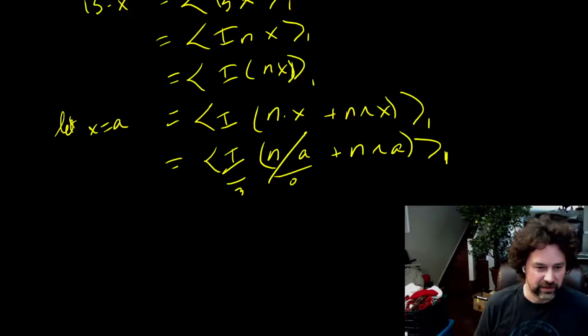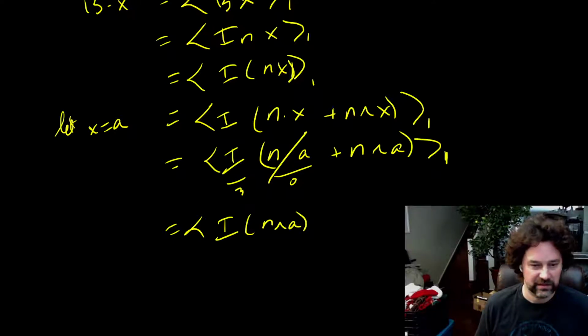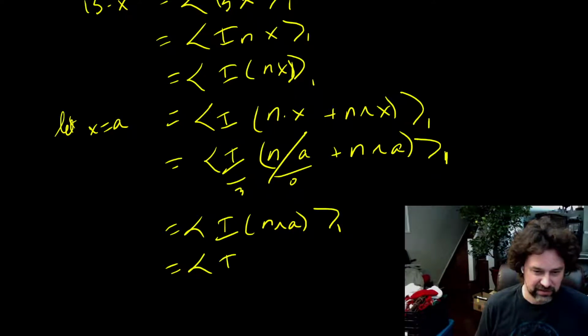We're left with the grade 1 part of I times n wedge a, and n wedge a we can write as the cross product, I n cross a.